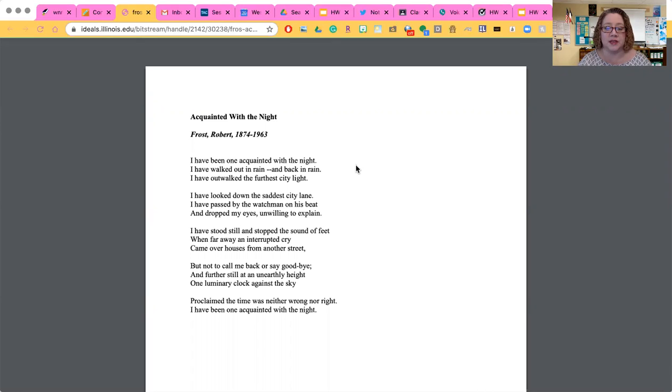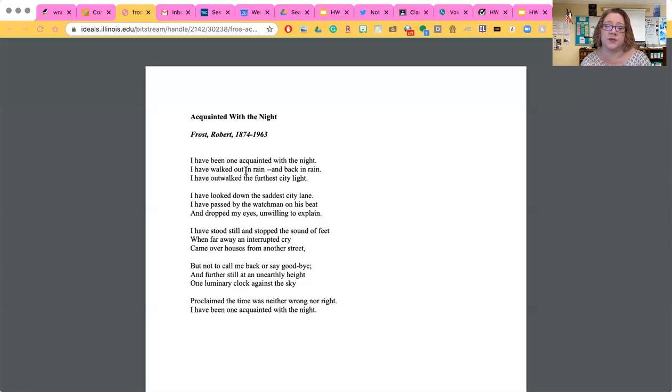I have stood still and stopped the sound of feet when far away an interrupted cry came over houses from another street, but not to call me back or say goodbye. And further still, at an unearthly height, one luminary clock against the sky proclaimed the time was neither wrong nor right. I have been one acquainted with the night.